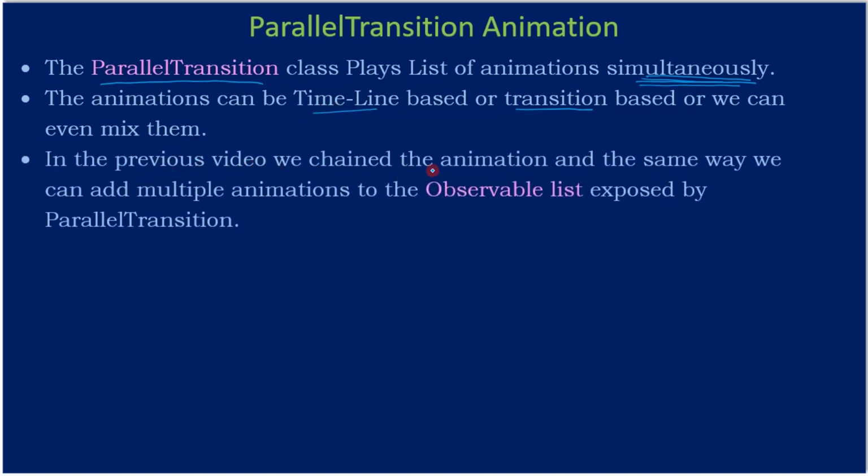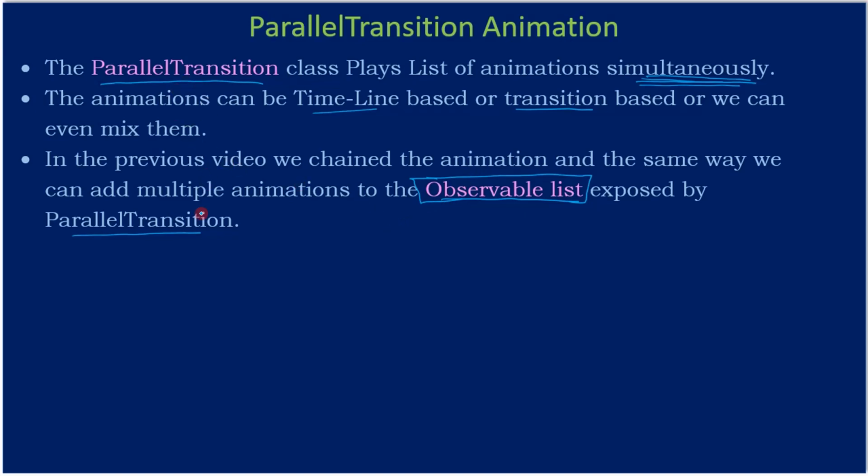In the previous video, we added animations, and the same way we can add multiple animations to the observable list exposed by the parallel transition. So the sequential transition class also exposes an observable list to collect all the animation.